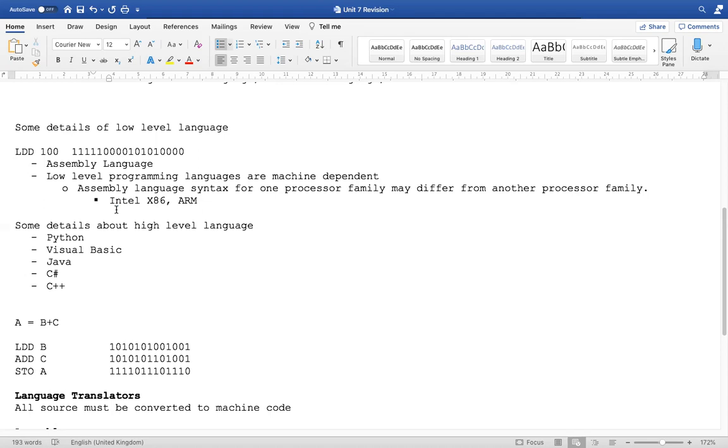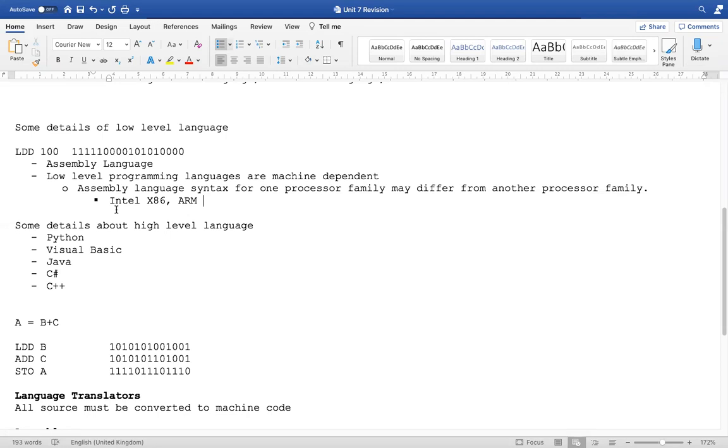So this is what it means by machine dependency. I cannot simply translate one assembly language syntax to another, from one processor family to another, without any problem. Different assembly language codes differ for different processor families.